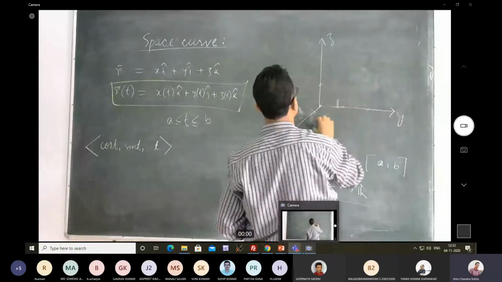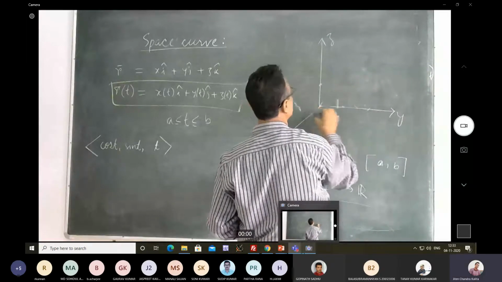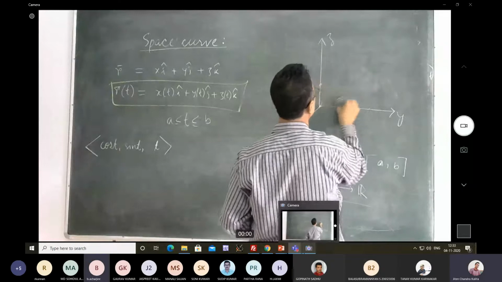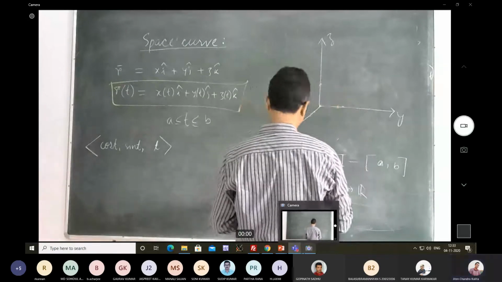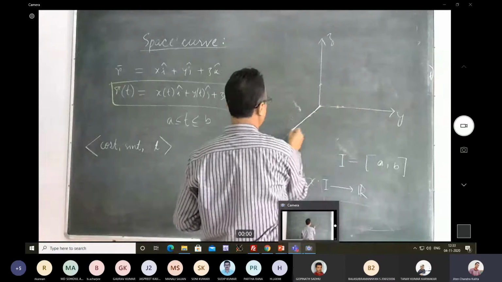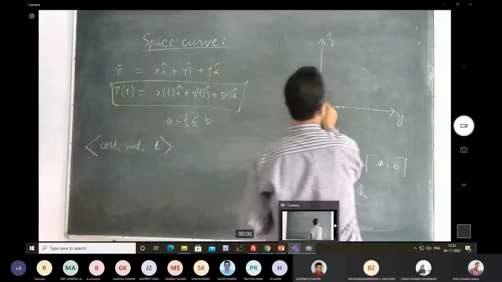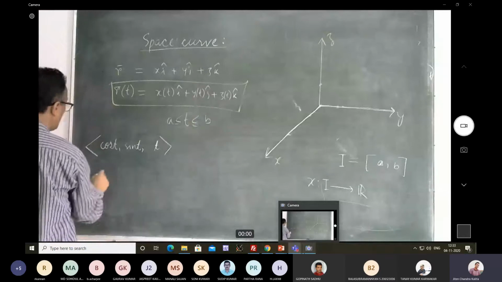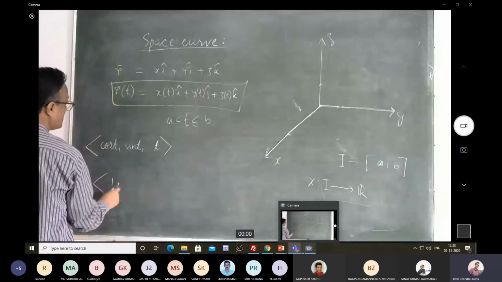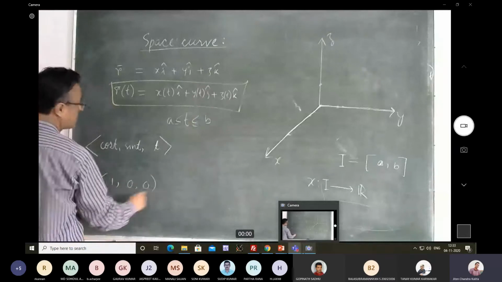Can you recognize it? Is it a helix? Yes, it's a helix. If you want to draw it, the initial point is cos 0, that is 1, 0, 0.